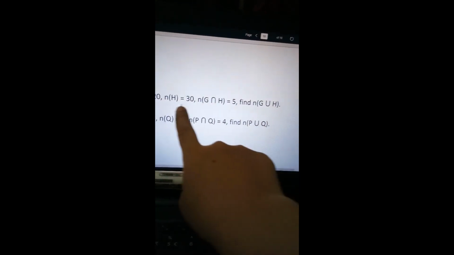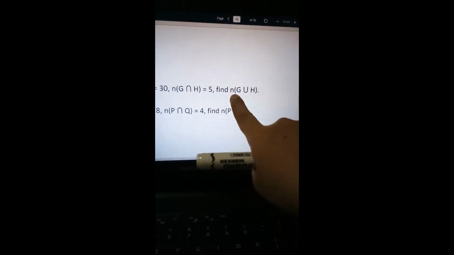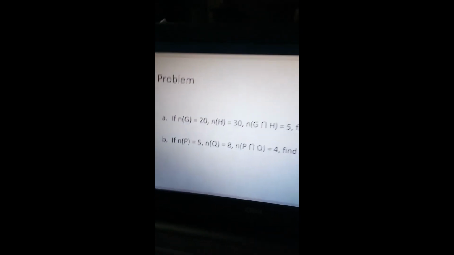Oh, last slide. So, we have your cardinality. So, in here, all you have to do is to look for the cardinality of this set. Kasi may n. Kapag may n dito, cardinality, check the videos that I have uploaded also on your canvas. So, we have G union H dito daw. The cardinality of set G is equal to 20.